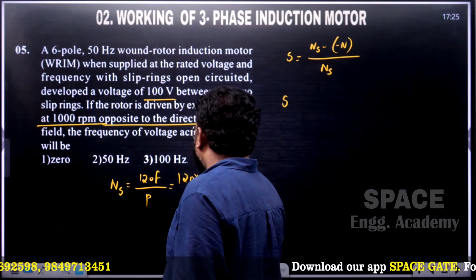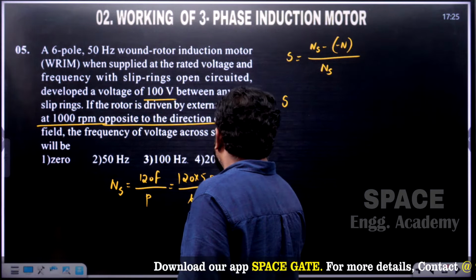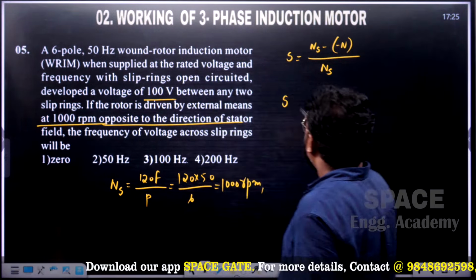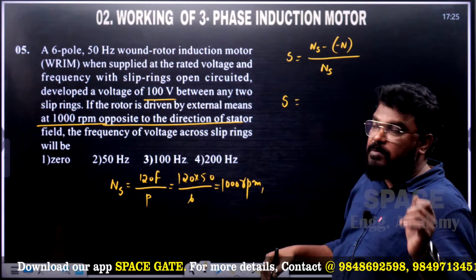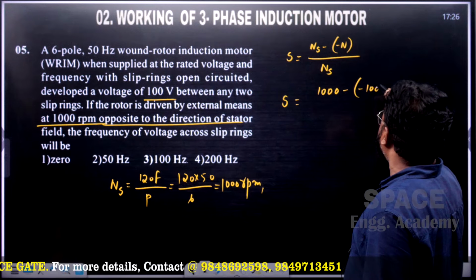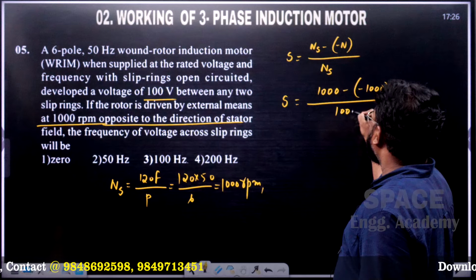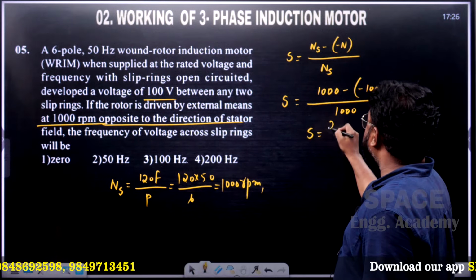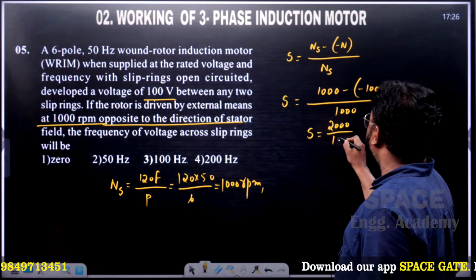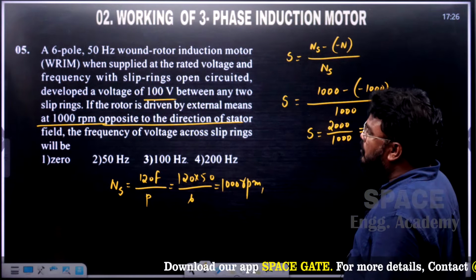So 120 times 50 Hz, divided by the number of poles, 6, is equal to 1000 rpm. Now let us calculate the slip of the motor. So 1000 minus (minus 1000) divided by 1000. By simplification, s is equal to 2000 divided by 1000, which equals 2. So slip is equal to 2.